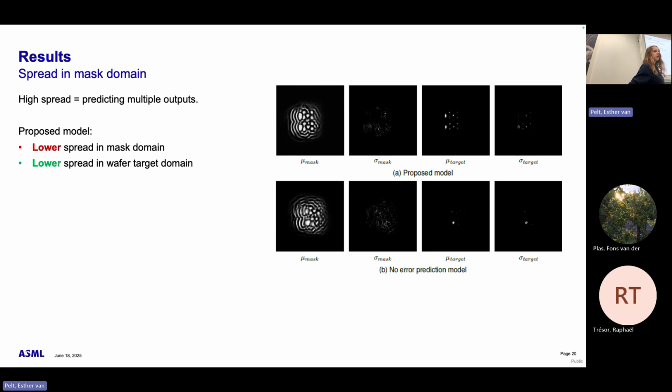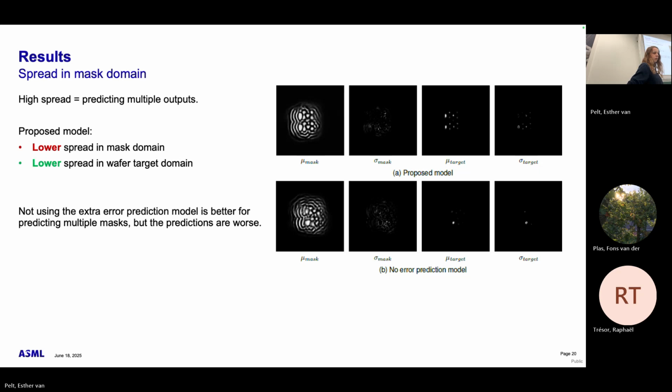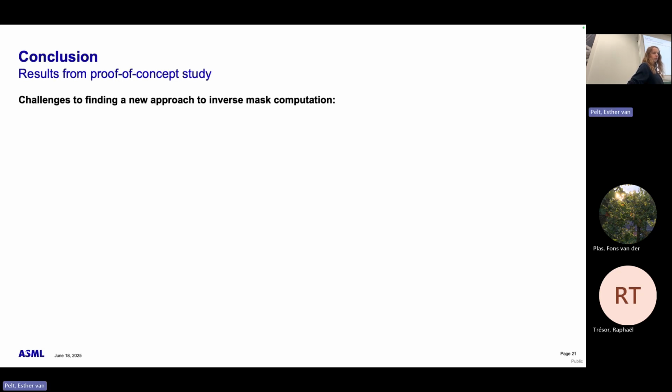So this means that we test whether the model is able to actually predict separate masks or it just collapses to one output. And then we see that for the proposed model there is actually a lower spread in the mask domain, so that's not good. But then also low spread in the wave target domain, which is good, since for each mask we have the same wave target. So that's ambiguous results.